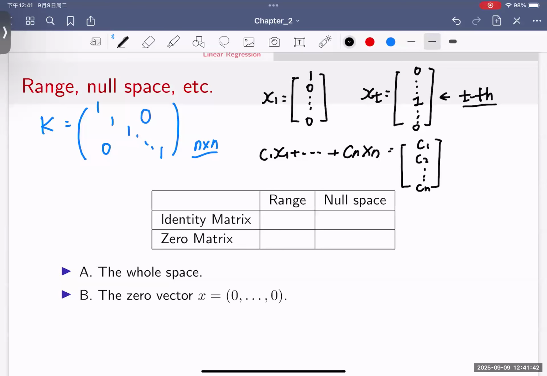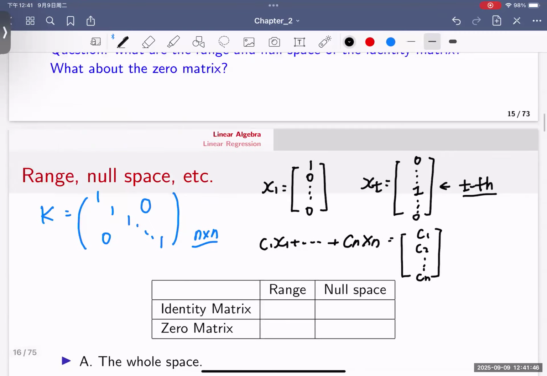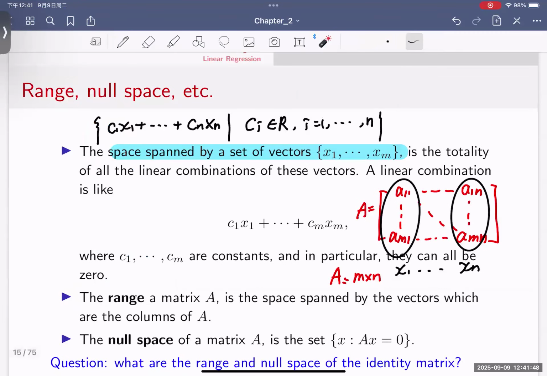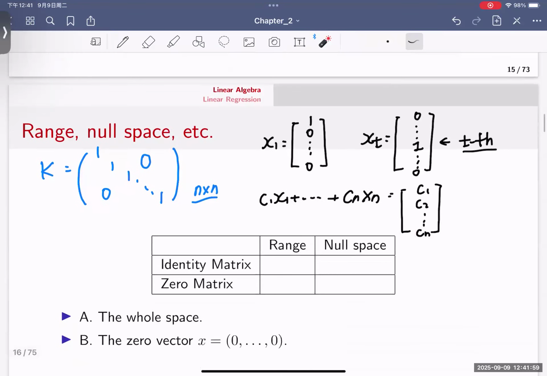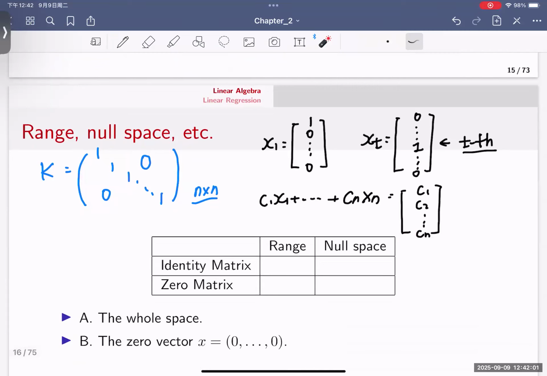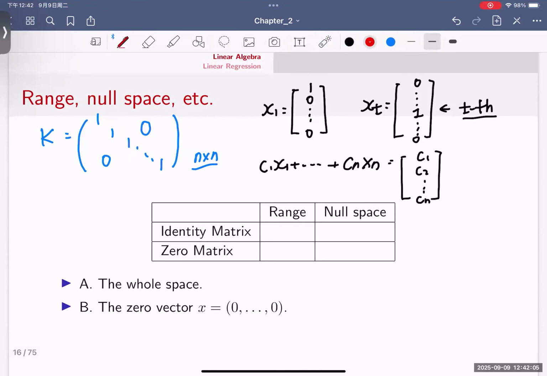Because c1 to cn can take any value, as I mentioned earlier, when we define the space, c1 can take any real value. So this can be any vector, just by choosing the corresponding c1 to cn. So it's not hard to imagine that the range of this is the whole space.